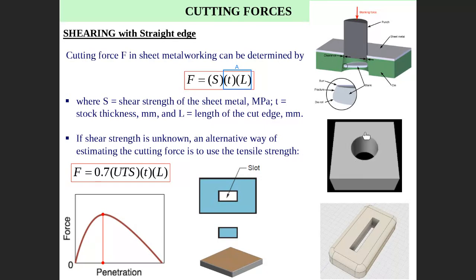L is the perimeter, which is 2πR or πD, the perimeter of the circle, multiplied by thickness. This is the shear area.